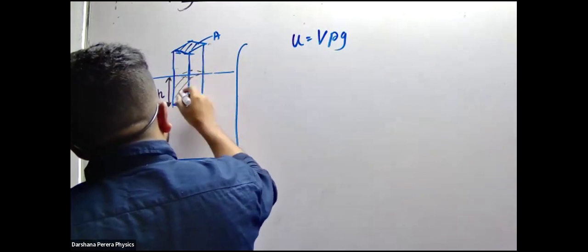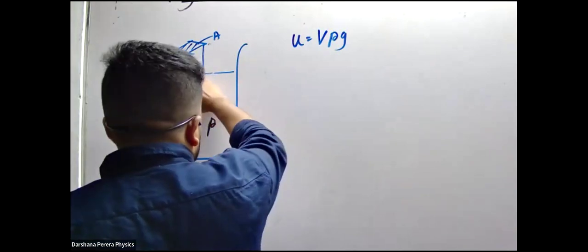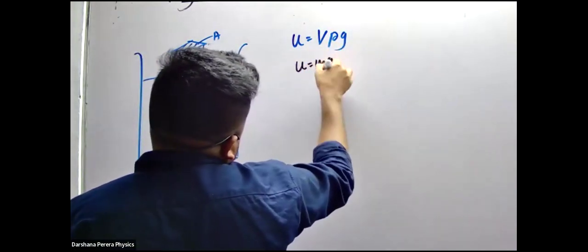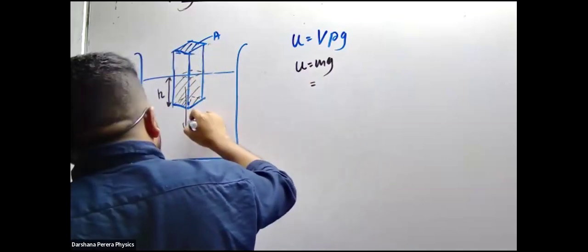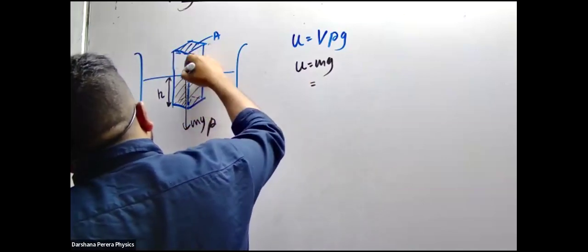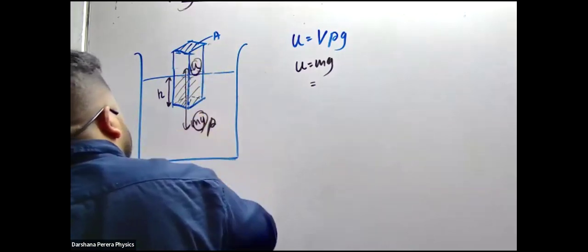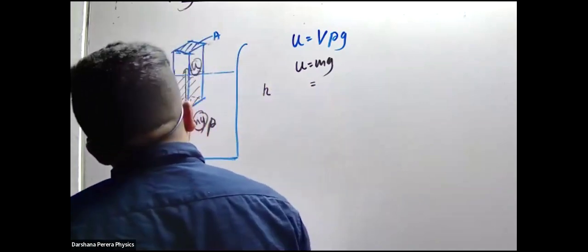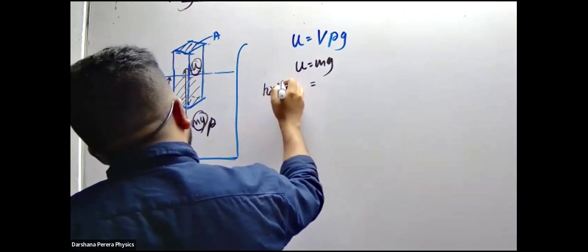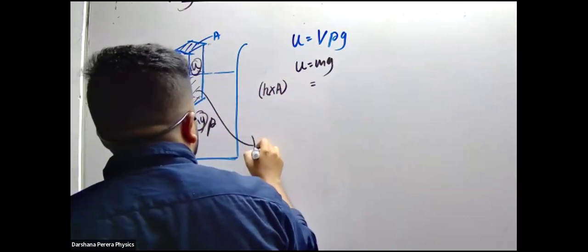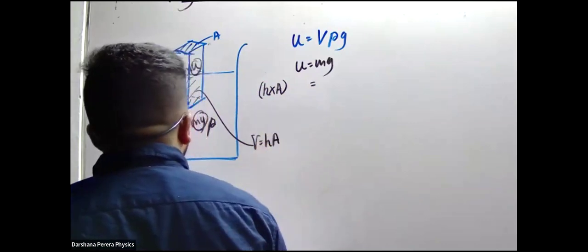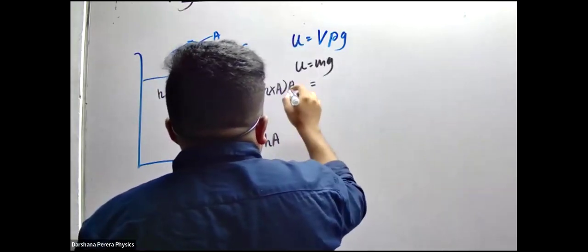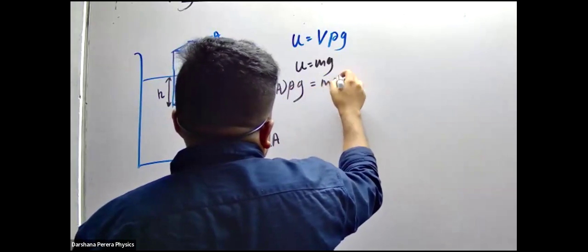This is the volume, and also U equals mg. So I will write U equals what? H into A. The floating volume is H into A, right? Height and cross section. V rho G equals mg.